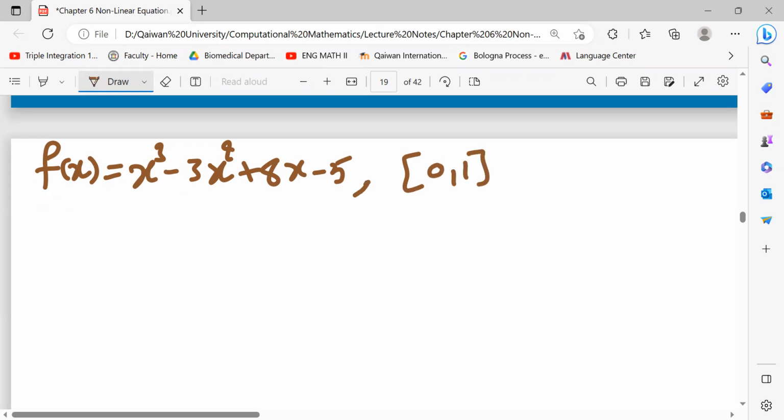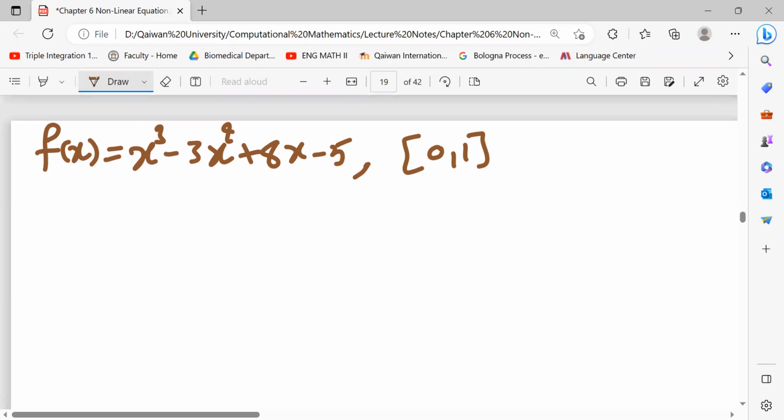We tested that, and we know there is a solution on that interval of the function, because f of 0 times f of 1 is less than 0. One of them is negative and the other one is positive. Now, we apply the bisection method.